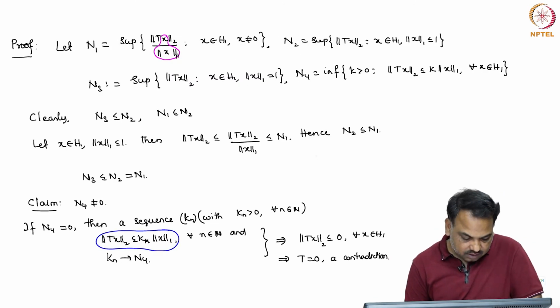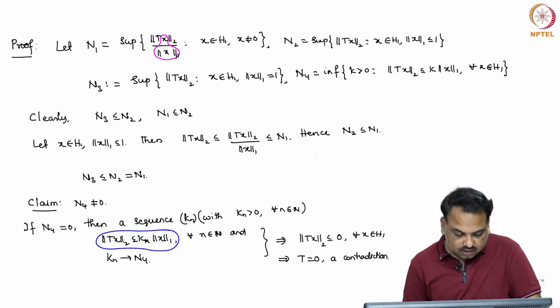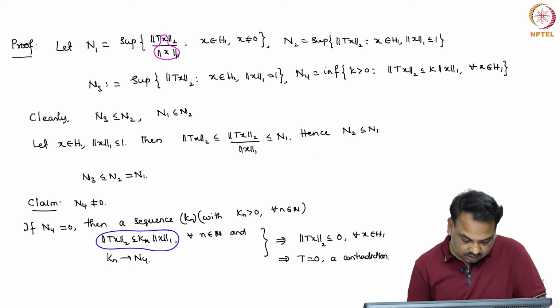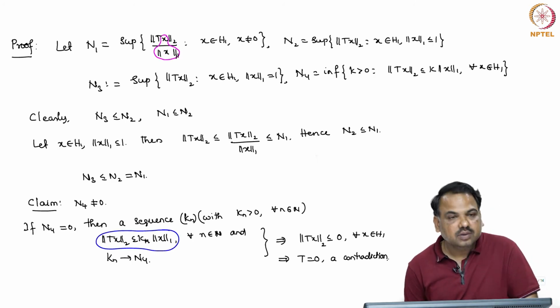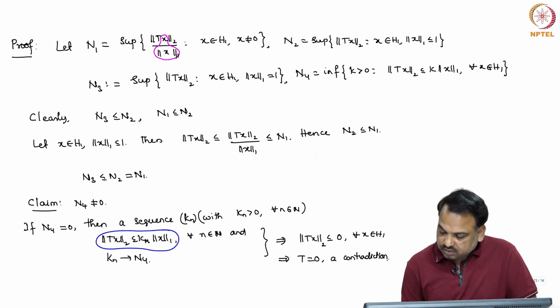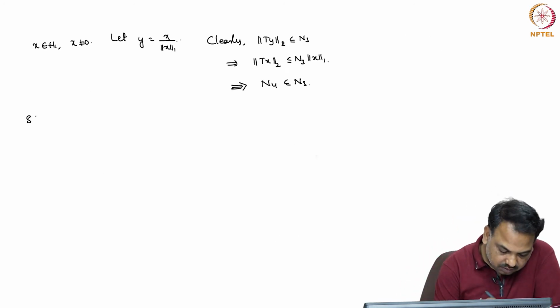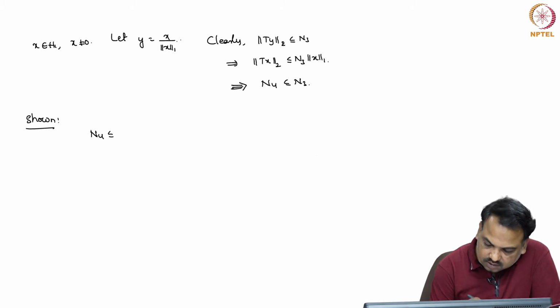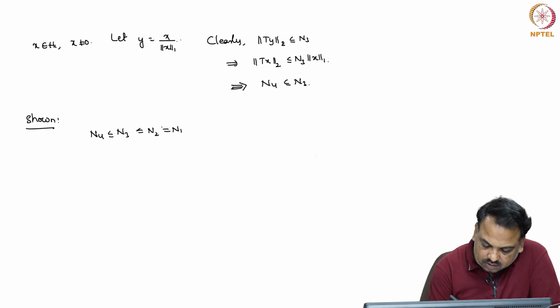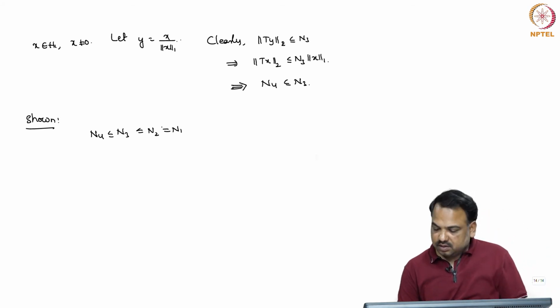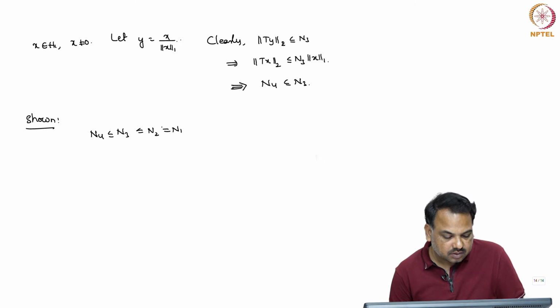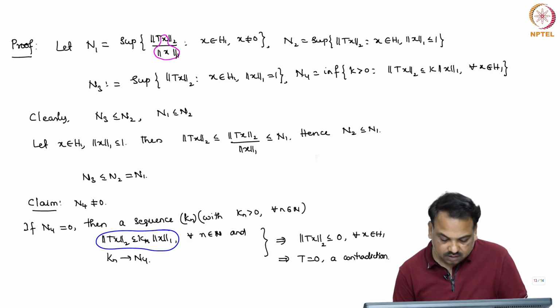So far we have shown that N3 is less than N2, that is equal to N1, and we also have shown that N4 is less than N3. So if we are able to show that N1 is less than or equal to N4, then we are done.